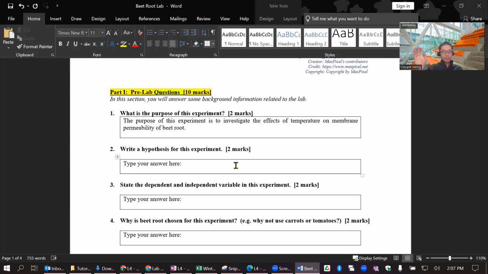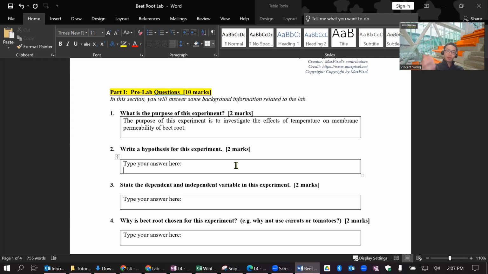That's not the hypothesis. That's asking a question, right? Secondly, people will also lose marks if they say something like this: the temperature will affect the membrane permeability, period. That's a bad hypothesis because you did not predict how it will affect the membrane permeability, right?